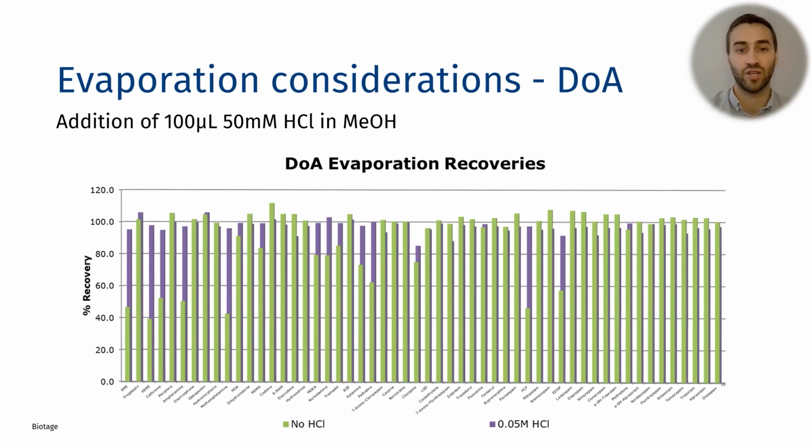The green here shows there's no hydrochloric acid solution added, with the purple 100 microliters of a 50 millimolar hydrochloric acid and methanol solution. As you can see towards the front here, examples are amphetamine, MDMA, methamphetamine. We are seeing a lot of losses, or up to 50% losses without the hydrochloric acid. So this is a vital stage for any drugs of abuse evaporation step.